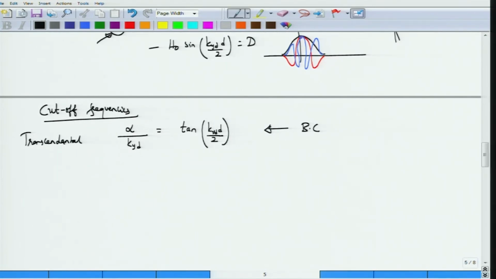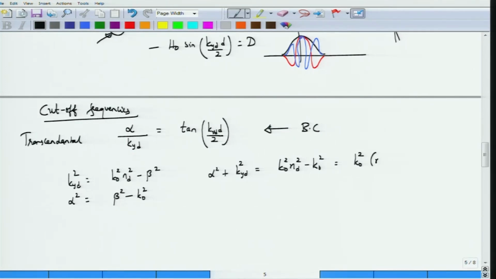We will not pursue this one, but you can actually add alpha square and ky_d square. I know what ky_d square is: it is nothing but k0 square n_d square minus beta square. I also know what alpha square is: alpha square is nothing but beta square minus k0 square. So if I add these two together, I get alpha square plus ky_d square equal to k0 square n_d square minus k0 square, or taking k0 square as a common factor, k0 square times (n_d square minus 1).